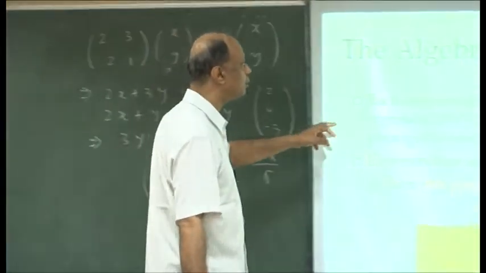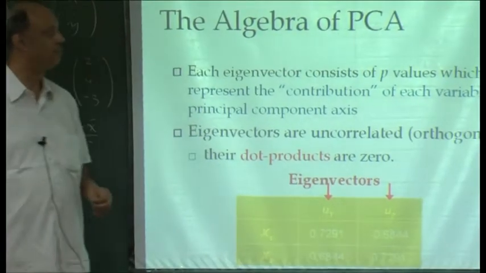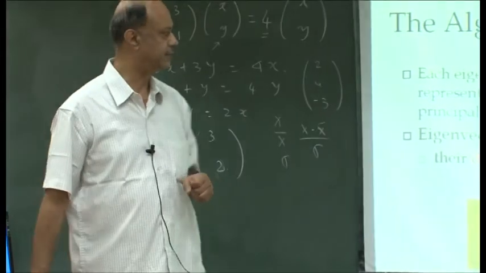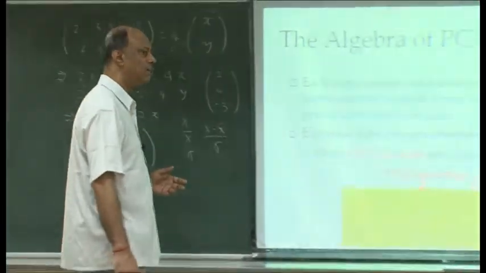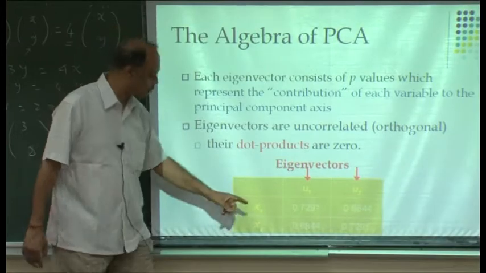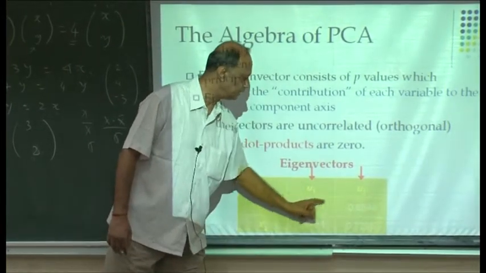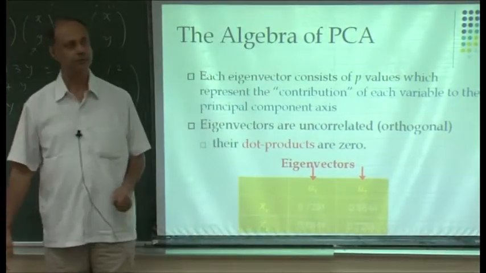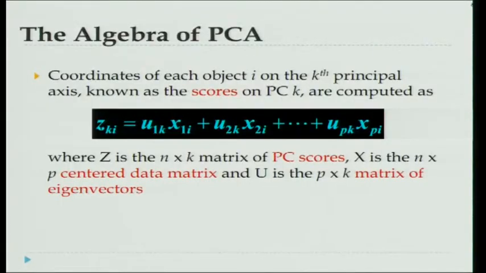So an eigenvector consists of p values which represent the contribution of each variable to the principal axis, and they are uncorrelated as I mentioned. So their cross product, this into this plus this into this, will be 0, because they are uncorrelated.